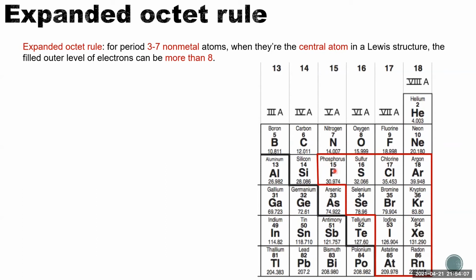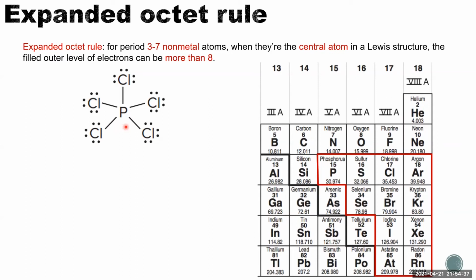So if you see any of these nonmetals as the central atom in a Lewis structure, then it can have more than 8 electrons around it. For example, in phosphorus pentachloride, we have 5 single bonds around phosphorus, the central atom. So there are 10 electrons around this phosphorus.